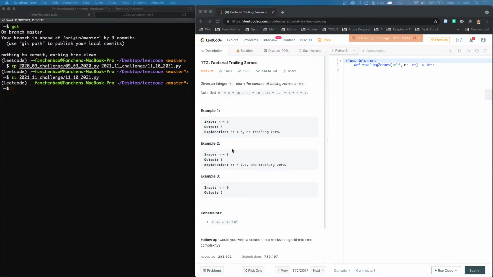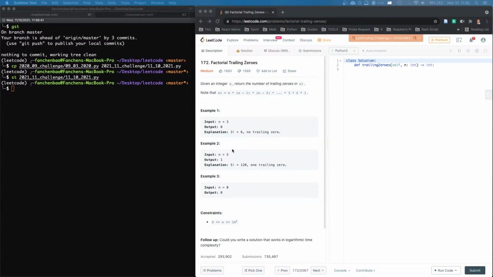Well, we have n, so we need to count the total number of 5s, then the total number of 25s, and the total number of 125s.